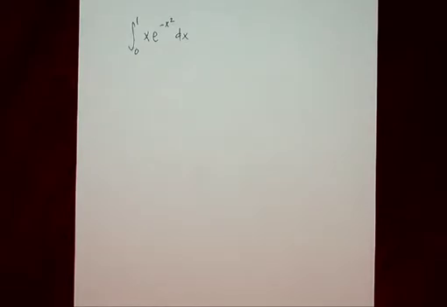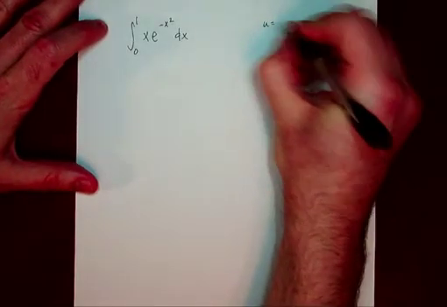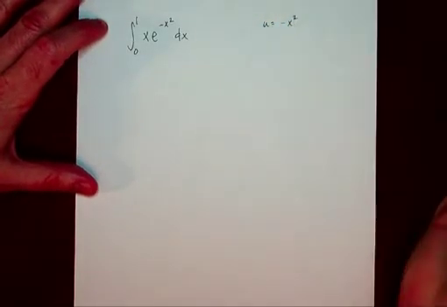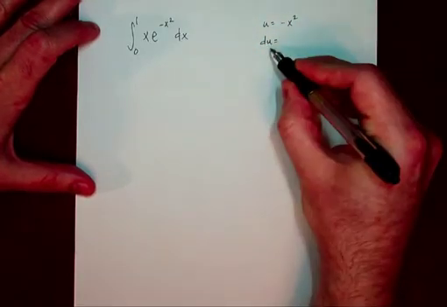Well, your instinct should be that whenever there is a variable expression in the exponent rather than just a variable, that's probably going to be our inside. That's going to be our g of x. That's going to be our u expression. Okay. And remember, like I said before, if you pick the wrong u, you will get an unusable du, okay?